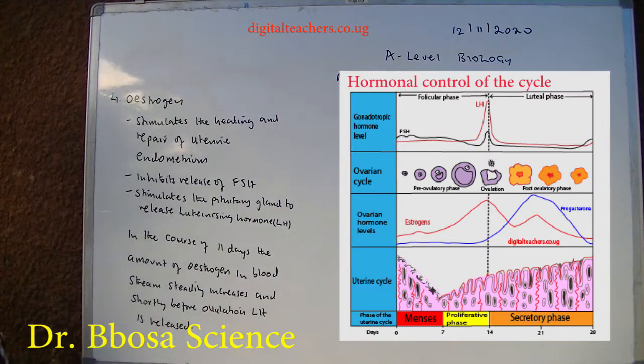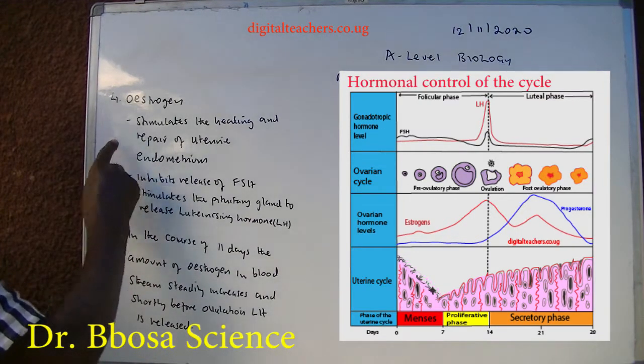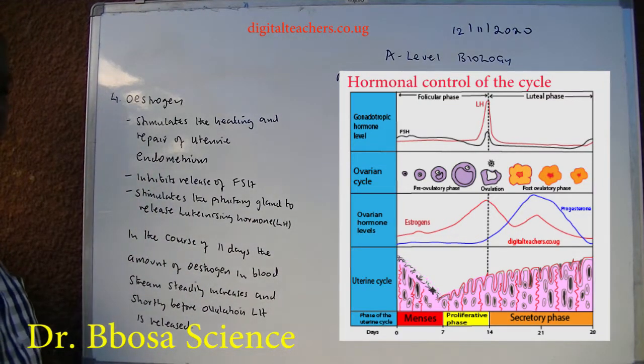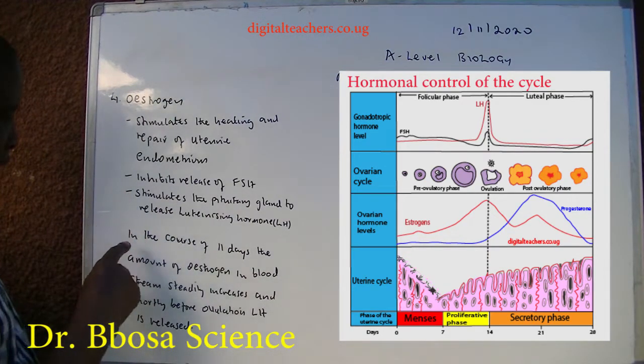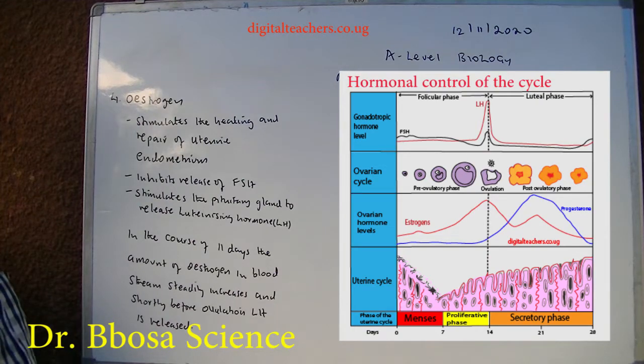Number 4, estrogen stimulates the healing and repair of uterine endometrium, inhibits release of follicle stimulating hormone, and stimulates the pituitary gland to release luteinizing hormone, LH.